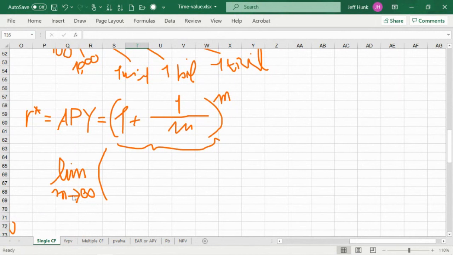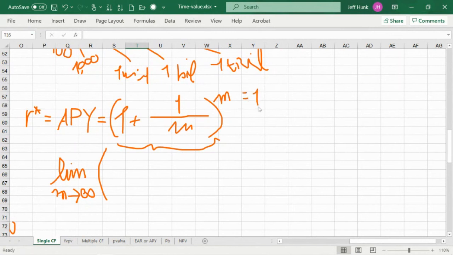What it means is, in the extreme case where the compounding frequency approaches infinity. So you remember m was what?